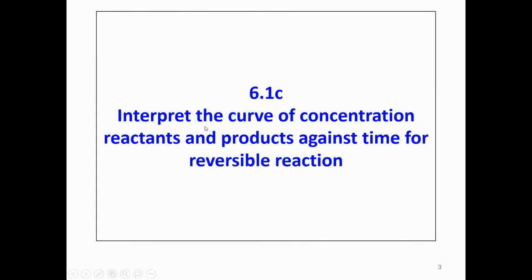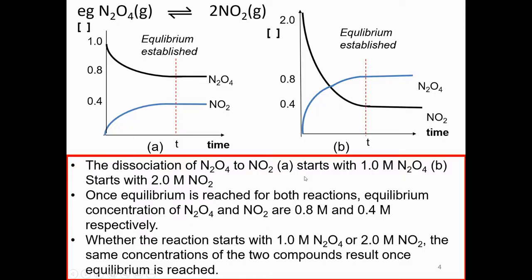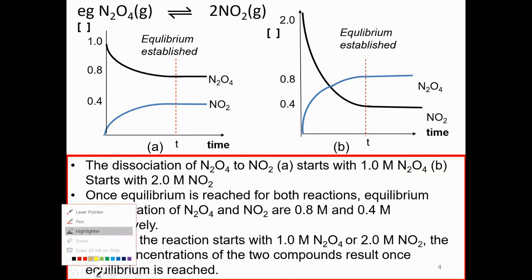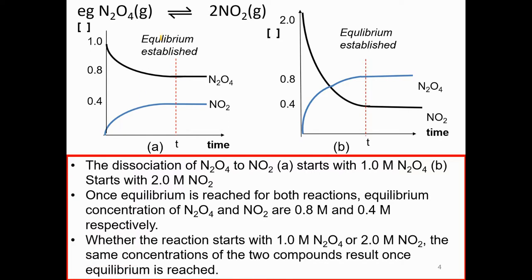Next, interpret the curve of concentration of reactants and products against time for a reversible reaction. Let's look at what this means. Now, we have reactant, we have product. Let's look at the first one.